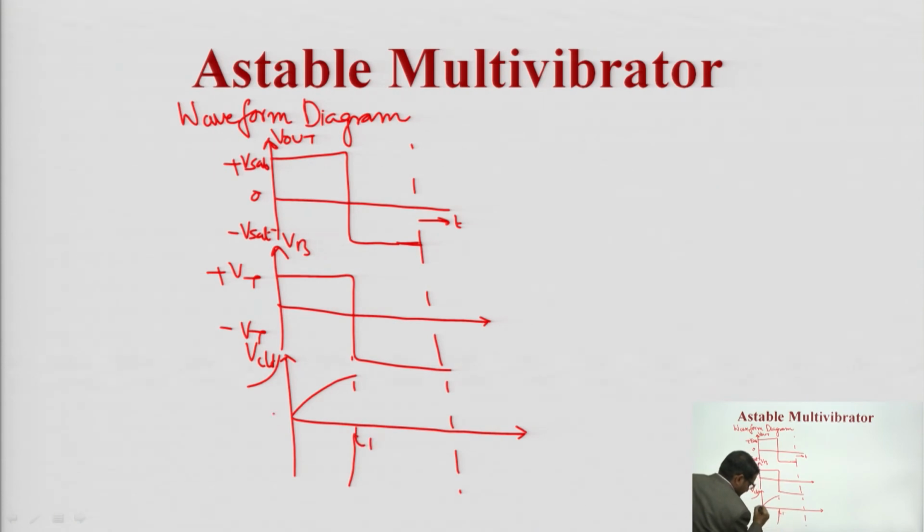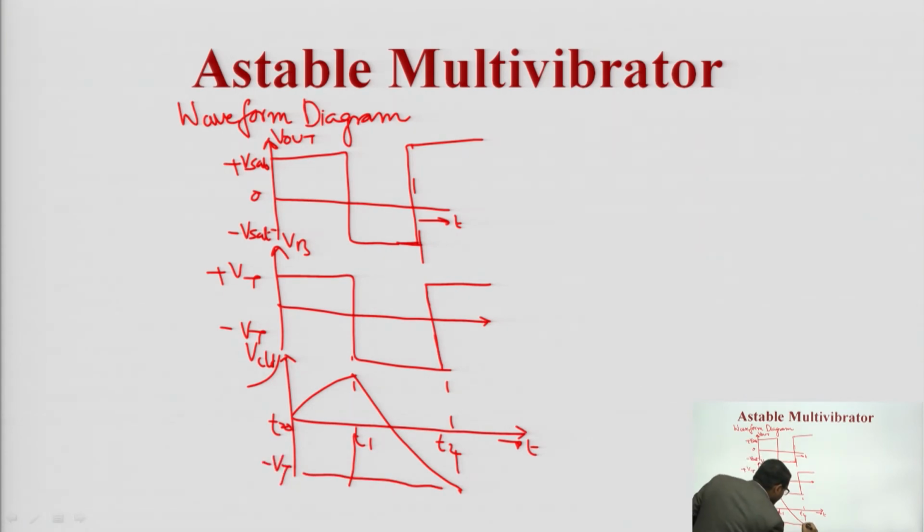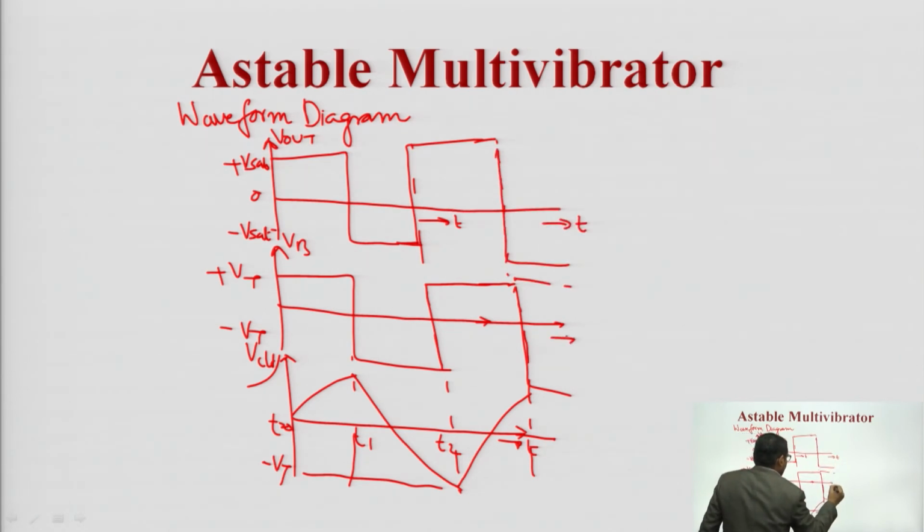This is the time T1, this is t equal to 0, this is t, and this is T2. At time T2, Vout jumps from minus Vsat to plus Vsat, Vb jumps from minus Vt to plus Vt, and the capacitor discharges to minus Vt, and after this time it also starts charging. After some time it will be minus Vt and also minus Vsat, and the cycle will repeat.